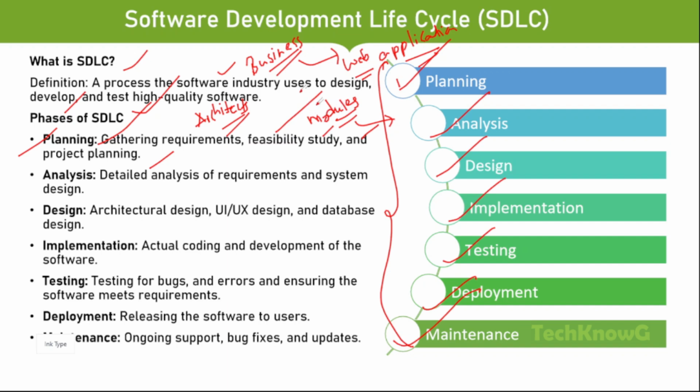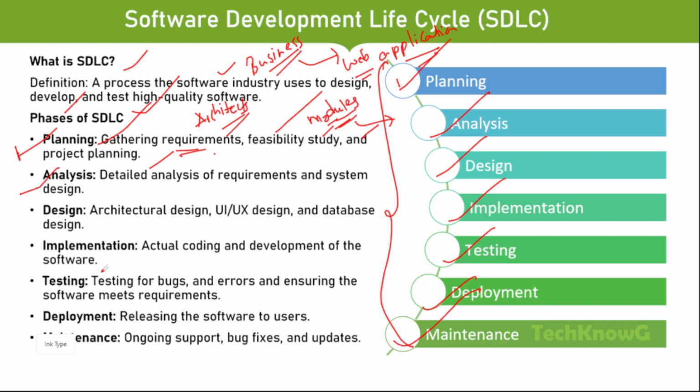Already working modules exist for building different applications, with different approaches. They will use already used modules, or processes, to develop the application. That is done in the planning phase, gathering the requirements. This is the major thing: requirements from the business persons, what they require.